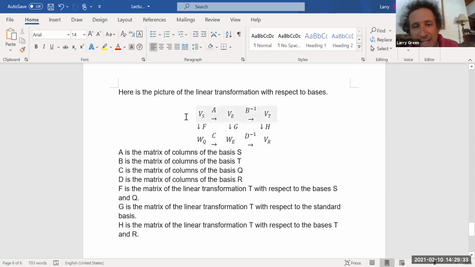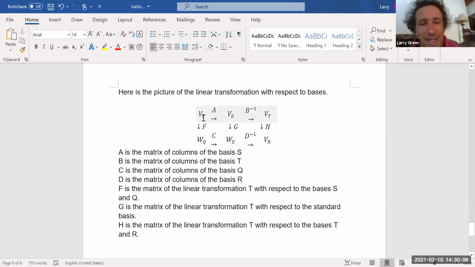So if we have a basis for V and another basis for V, the first basis I'll call S, the second basis I'll call T. And if we have a basis for W, the first one I'll call Q, the second one I'll call R. I'm just running out of letters. And let's suppose I want to take something in the basis S, and I want to end in the basis R.